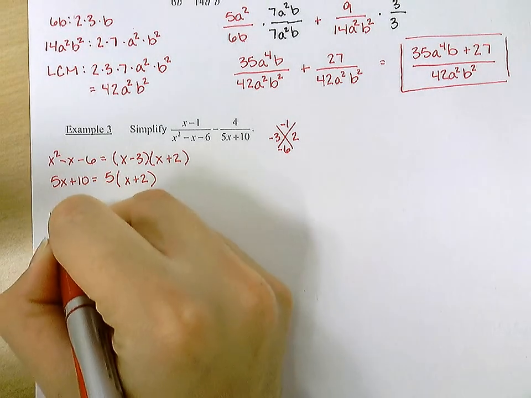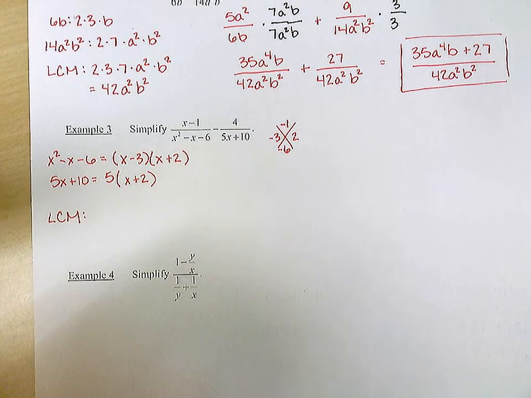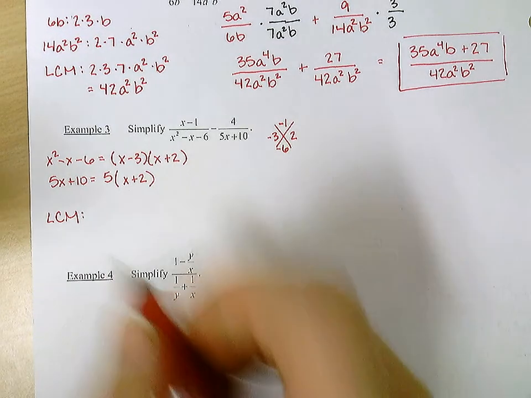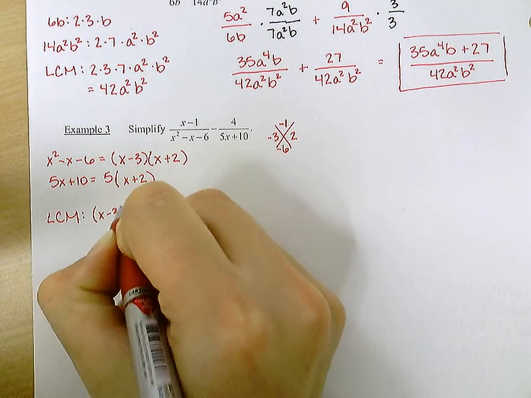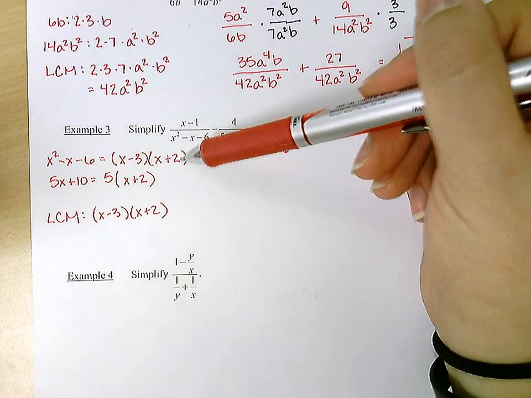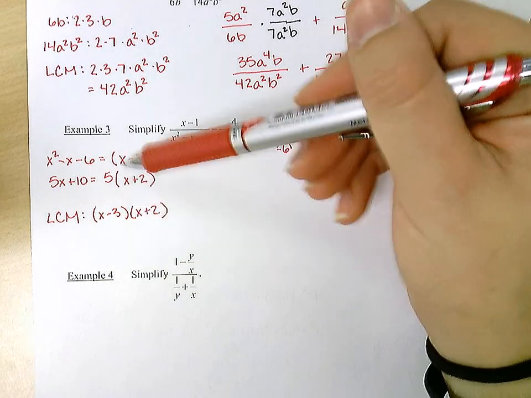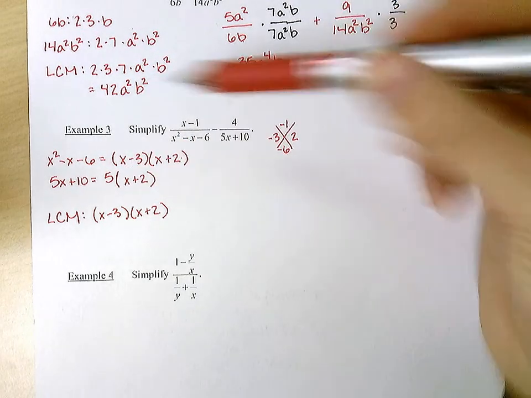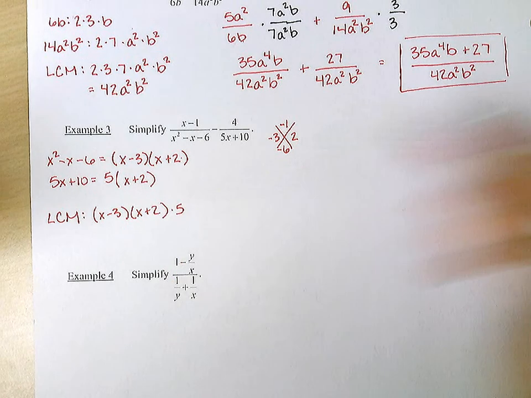Okay, so our LCM, we need the whole first term, so x minus 3 times x plus 2. Then looking at the second term, did I have a 5 from the first term? No, so I need to include a 5 in my LCM.